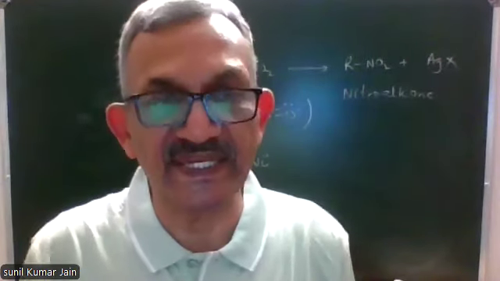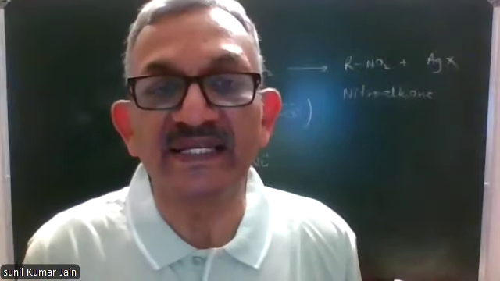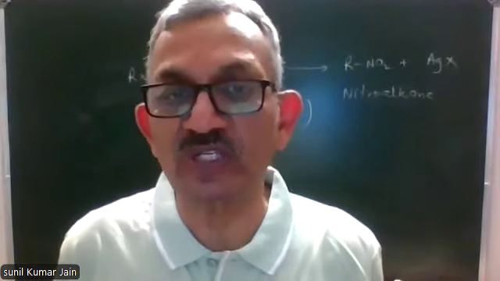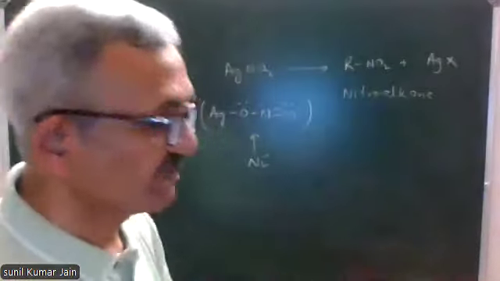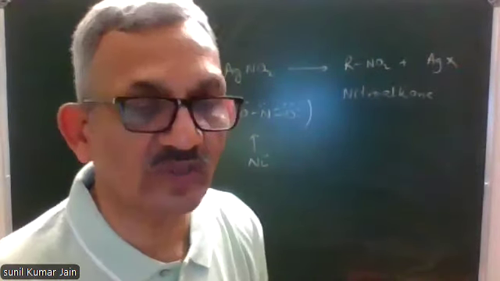Three more NSRs. Number 17 is reaction with sodium carboxylate or silver carboxylate, means sodium salt or silver salt of carboxylic acid.